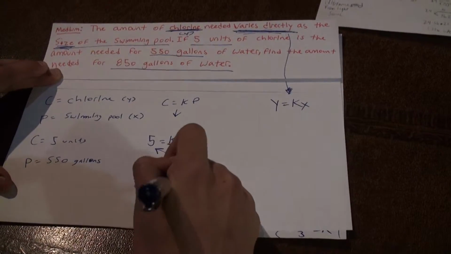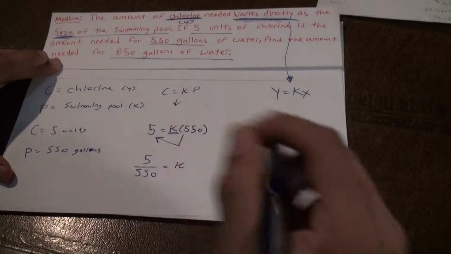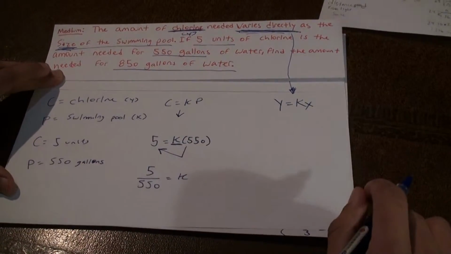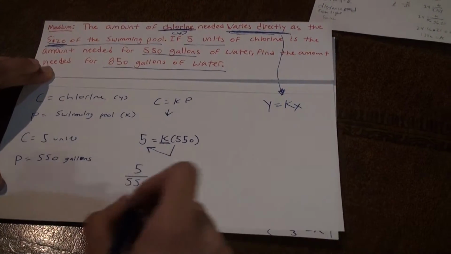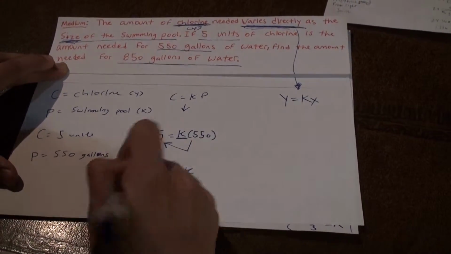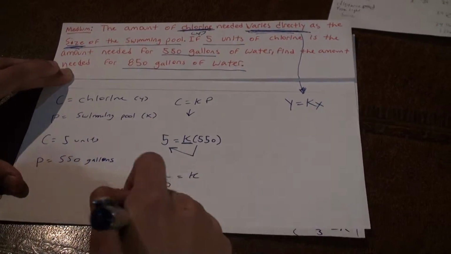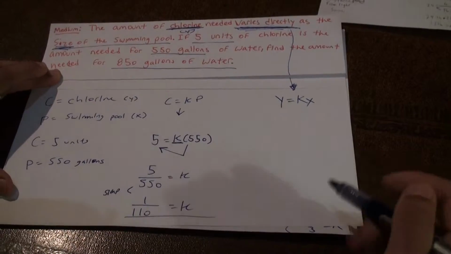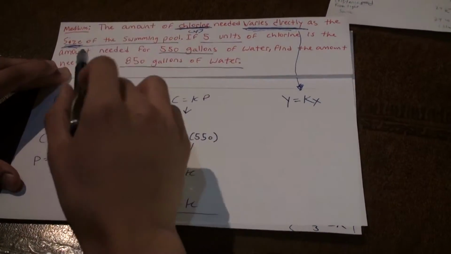Putting this in the calculator, you get a really long decimal that's not necessary. So basically you can just simplify this into 1 over 110 equals K, and you can use that. So there's your constant.